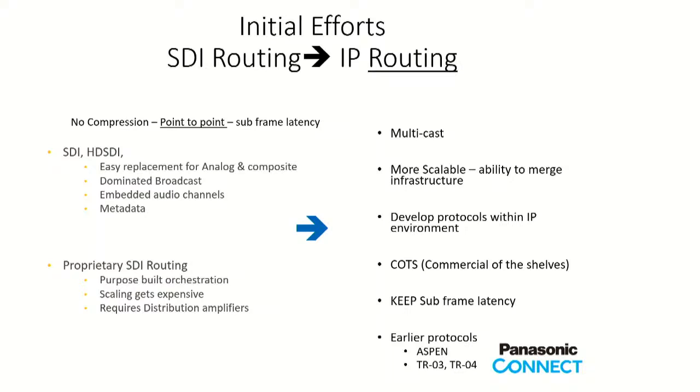So SDI's biggest challenge was routing. And as you know, the routers become costlier. And as you have to make 50, 60 video feeds route, the space on the back panel becomes smaller and smaller. For one rack unit, you can only hold that many BNC cables and route them.